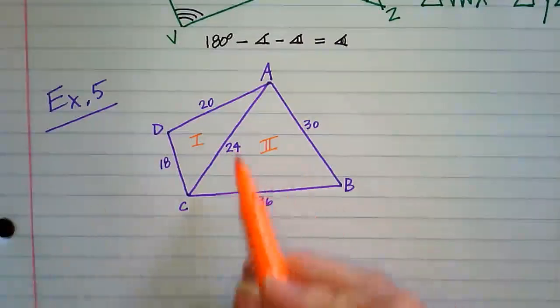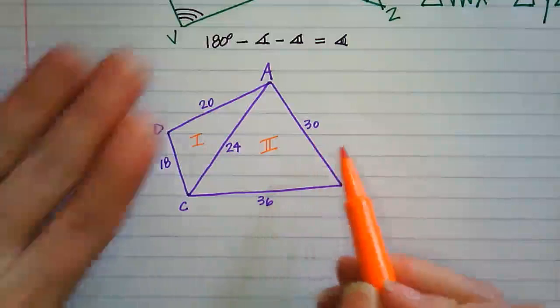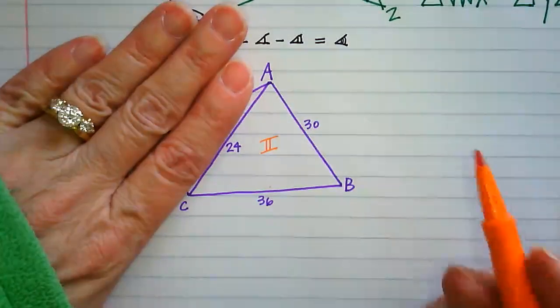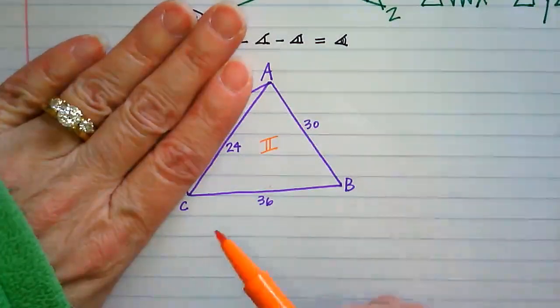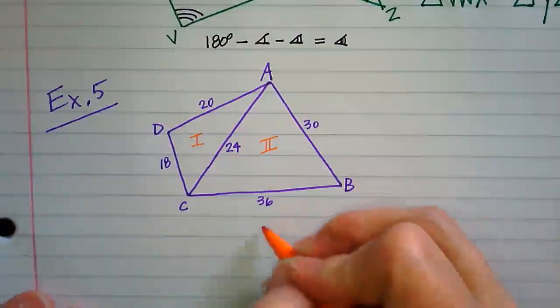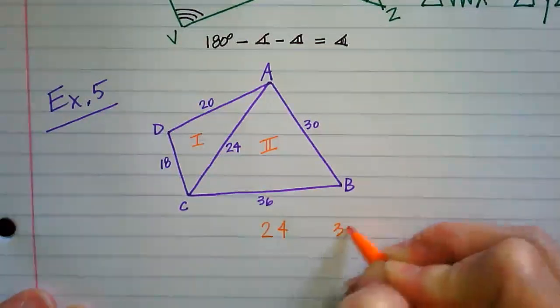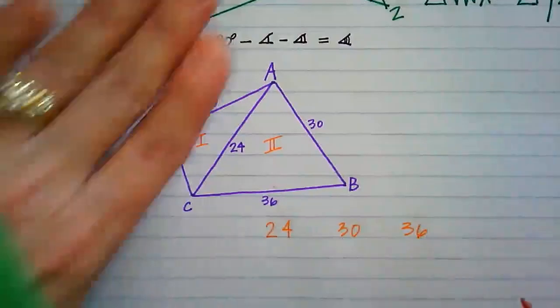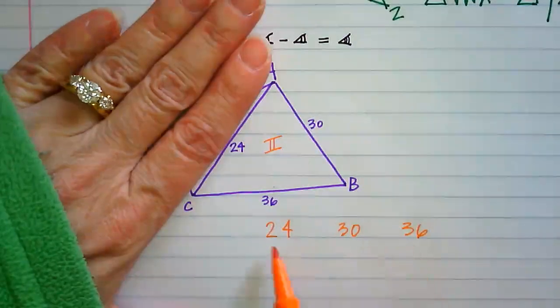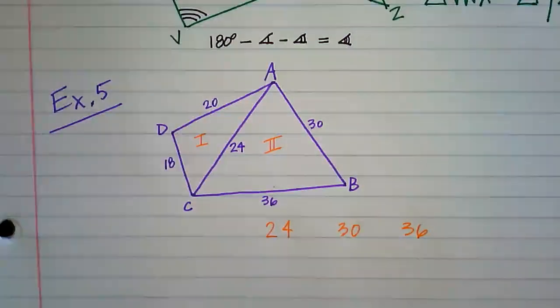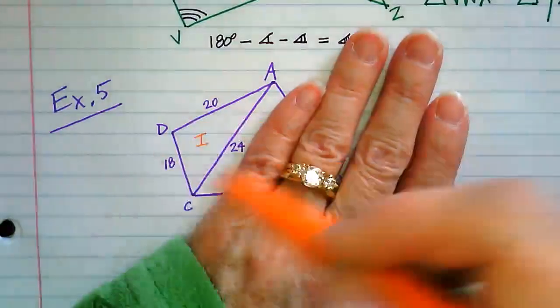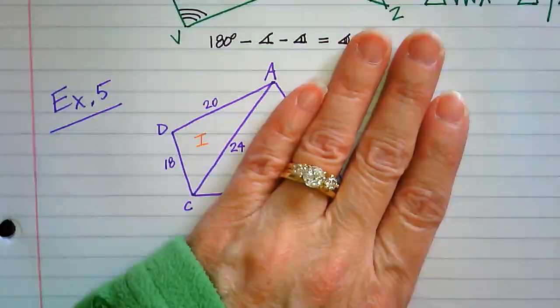Okay, so I'm going to put the three sides of this triangle in numerical order. So that would be 24, 30, 36. So I'm just putting them in size, smallest to largest. So now I'm going to go over to this triangle and put these three in order, smallest to largest.